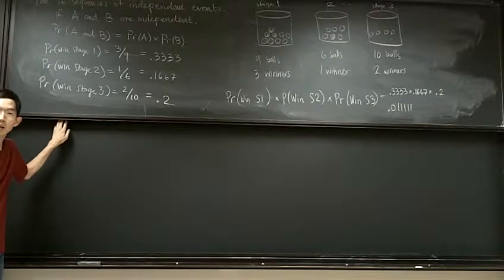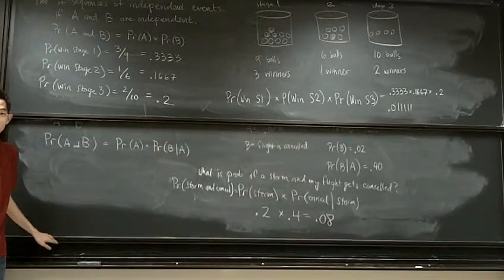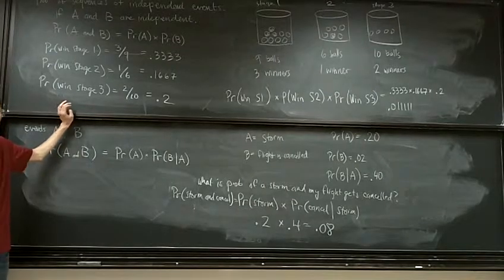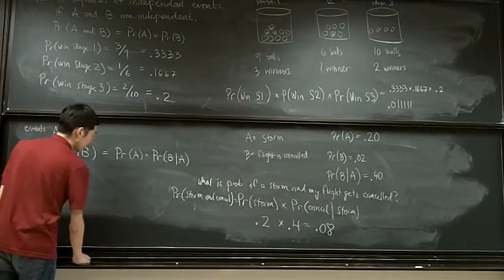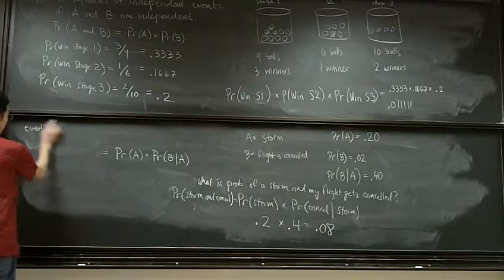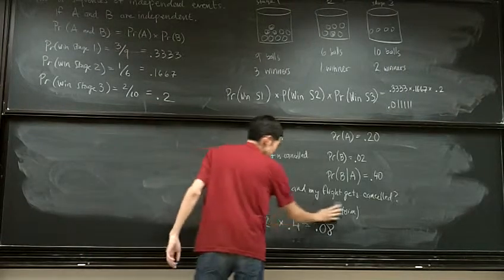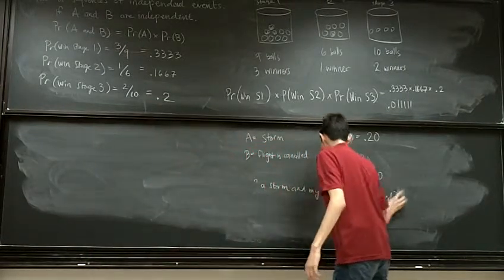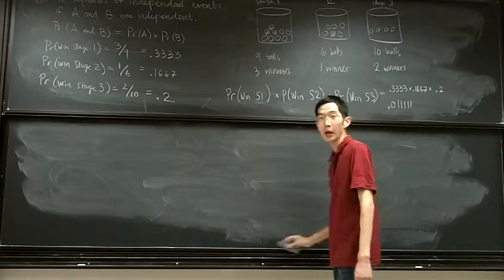So you said they're independent of each other? Yes. But wouldn't you have to win? Doesn't it depend on if you're going to go on to stage 2? Don't you have to win? Doesn't that depend on if you're going to win stage 1? But whether or not you win stage 2 is not influenced by what happened in stage 1.